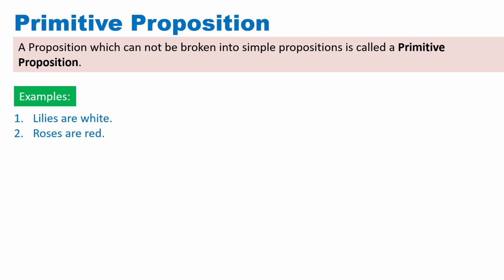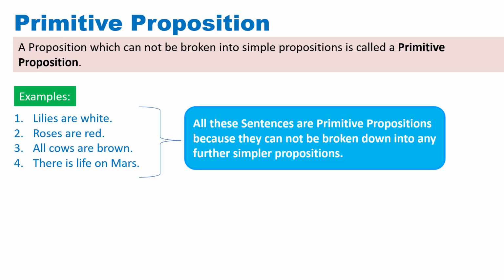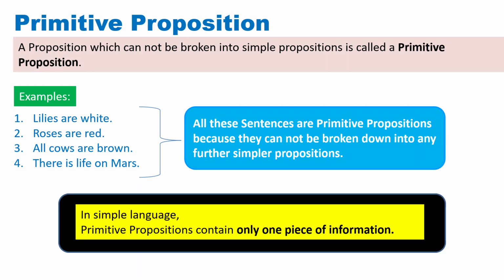Lilies are white, roses are red, all cows are brown, there is life on Mars. All these sentences are primitive propositions because they cannot be broken down into any further simpler propositions. In simple language, primitive propositions contain only one piece of information.